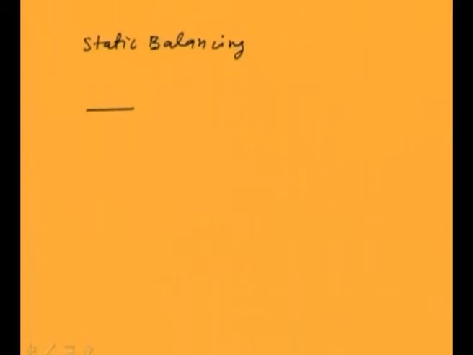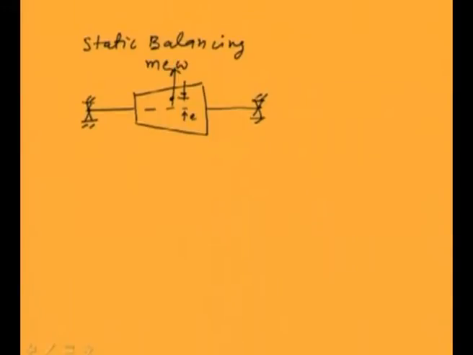So we have a rotor like this, which is mounted on bearings at the ends. Now the eccentricity of this rotor is E. Because of that, we are having a centrifugal force.